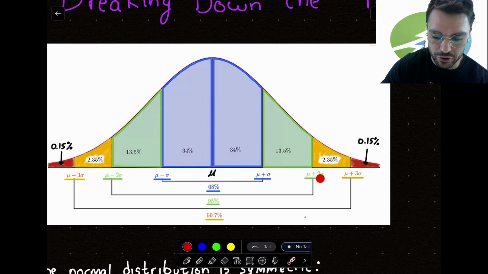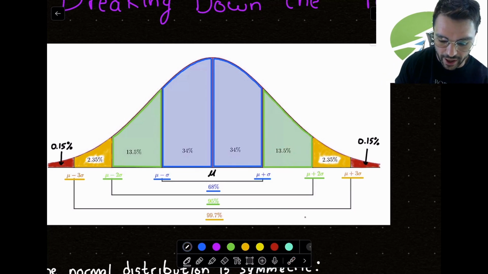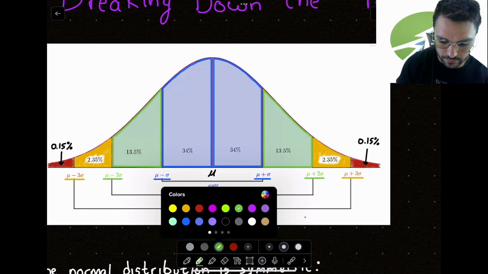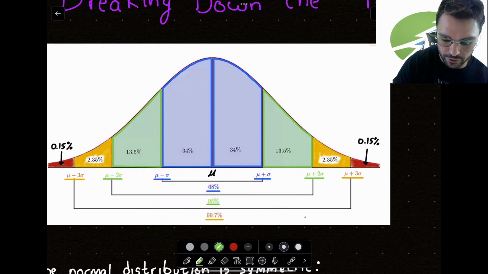The next part, plus or minus 2 standard deviations, we have in green here. Again, it continues to break it up. What it says here is between minus 1 and minus 2 standard deviations, we have 13.5% of the data. Likewise, from plus 1 standard deviation to plus 2 standard deviations, we have 13.5% of the data. But if we look at everything, let's do it in the marker, maybe try the highlighter.